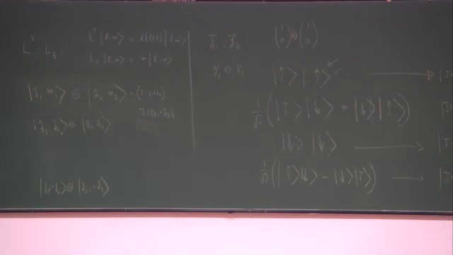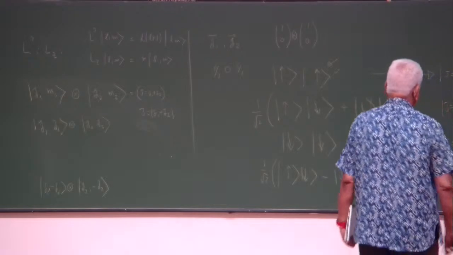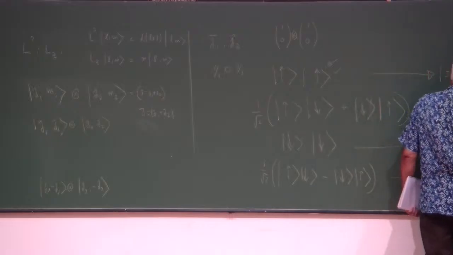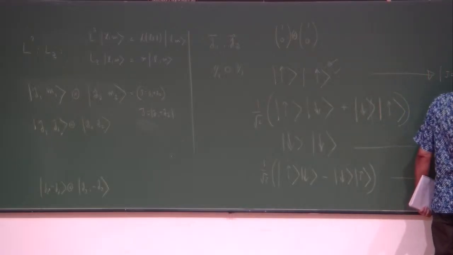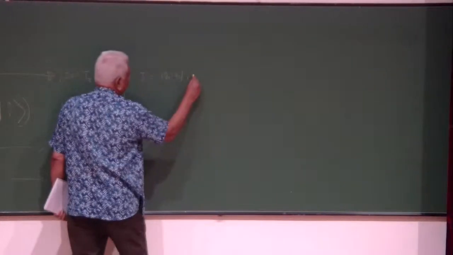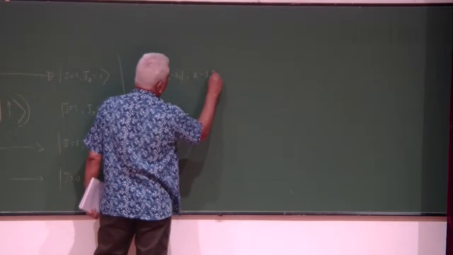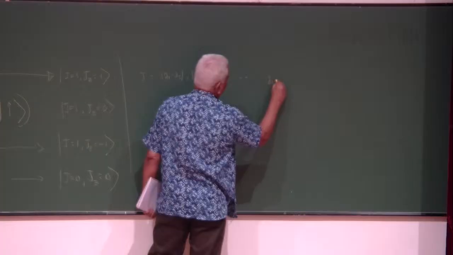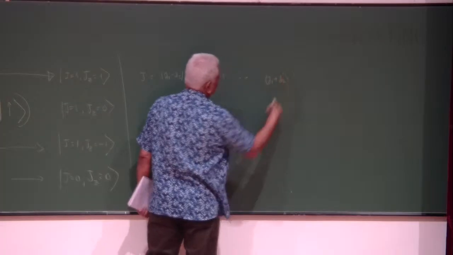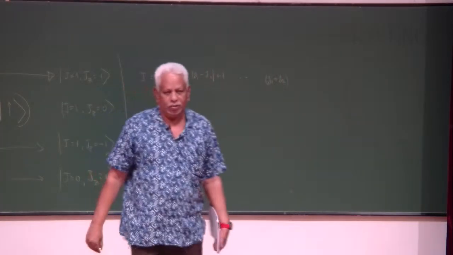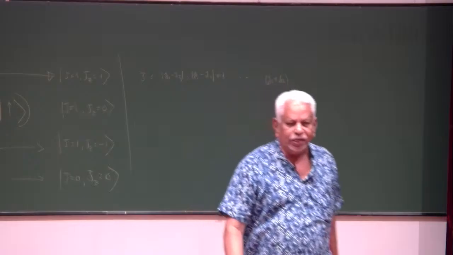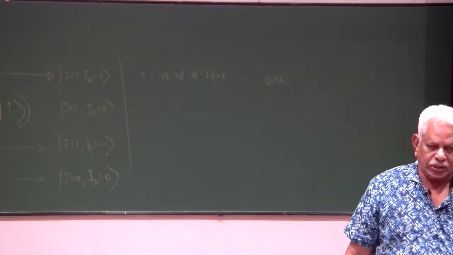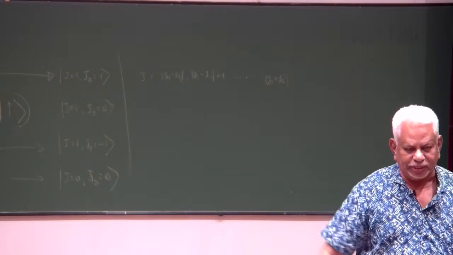So the total thing is going to be J equal to mod J1 minus J2, mod J1 minus J2 plus 1, and so on, finally J1 plus J2. That many states will be there.